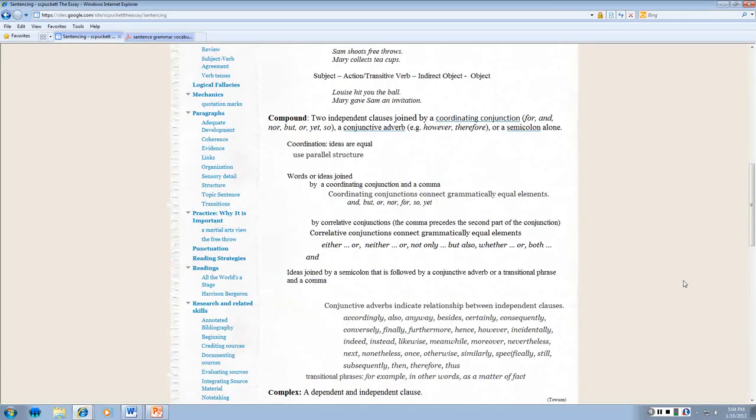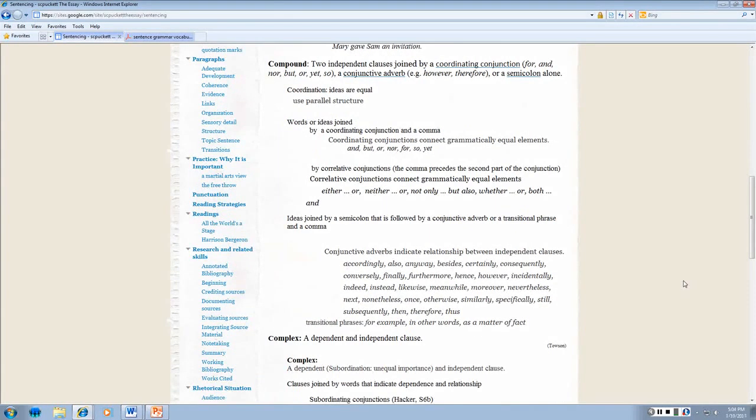Notice it lists the coordinating conjunctions. It also lists correlative conjunctions, those that we use in pairs: either or, neither nor, not only but also. And it lists the conjunctive adverbs. I don't expect you to remember correlative conjunctions or conjunctive adverbs, but you do need to know how they work and how they join ideas.